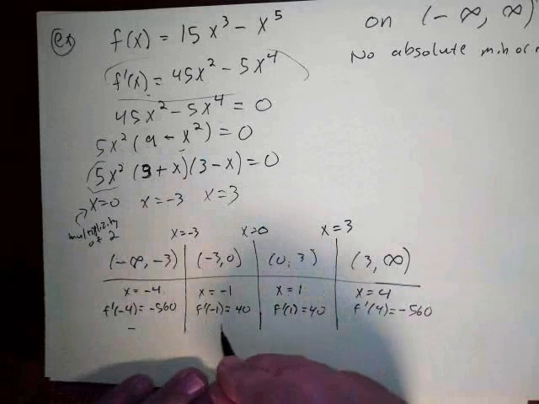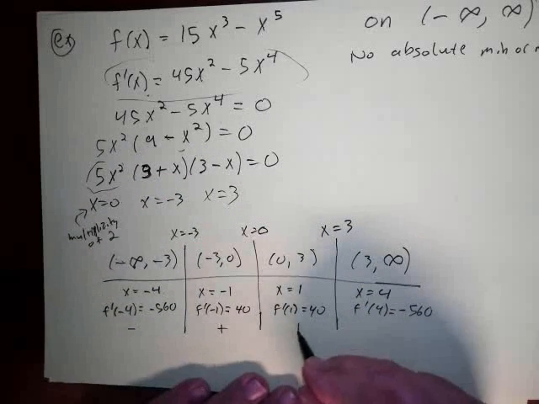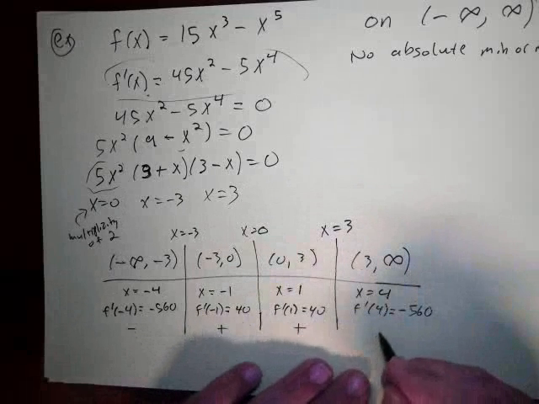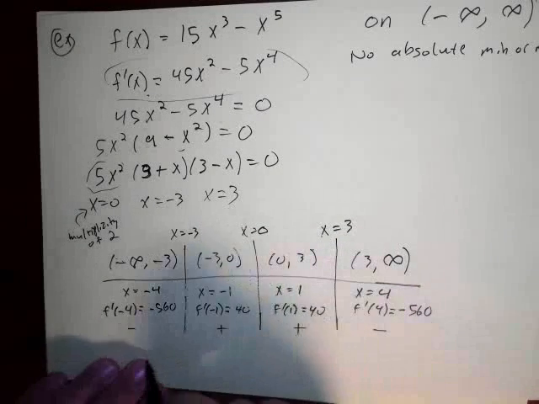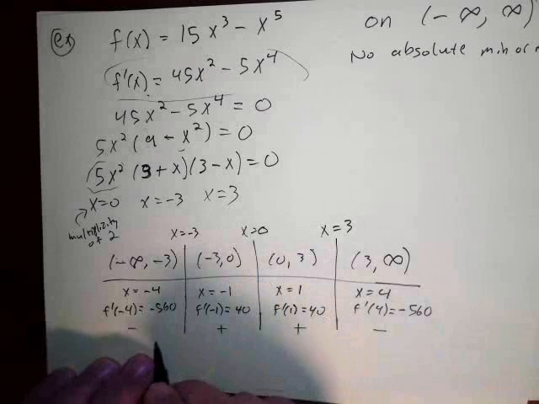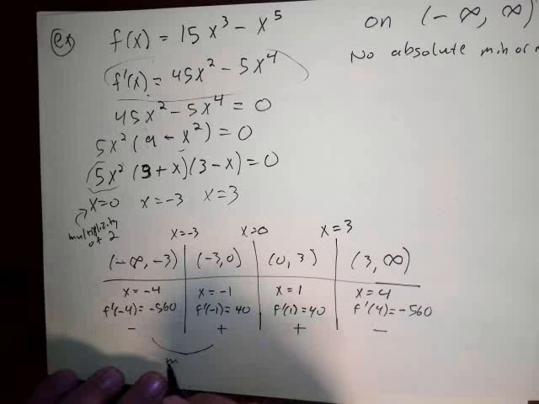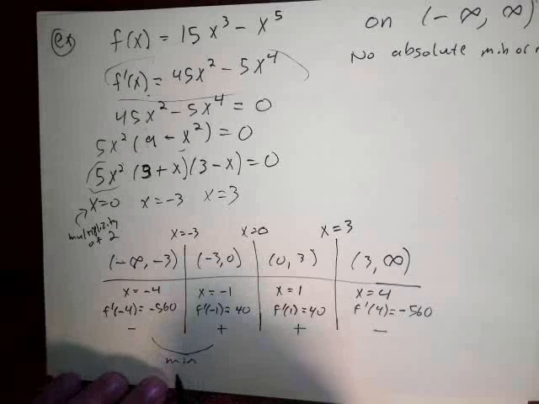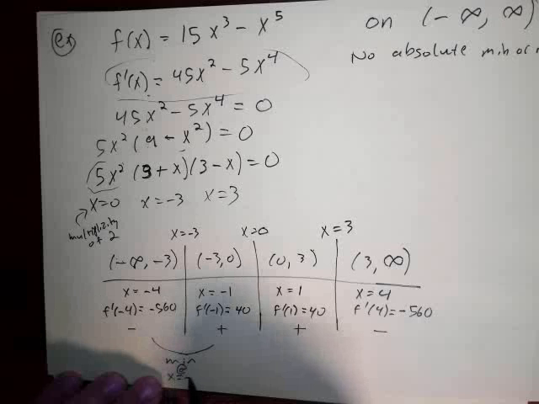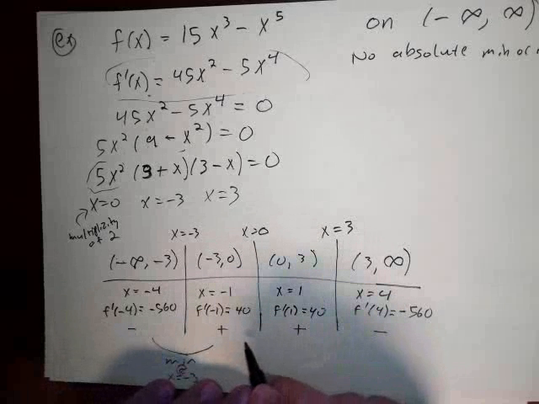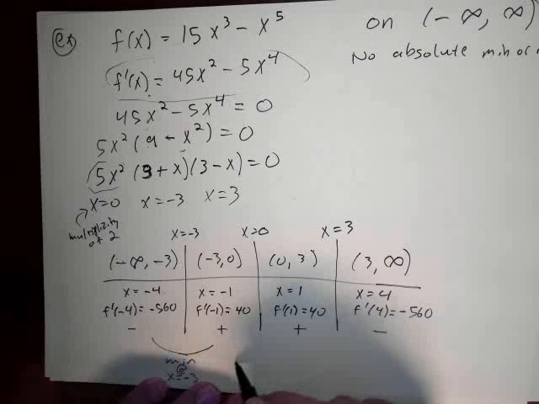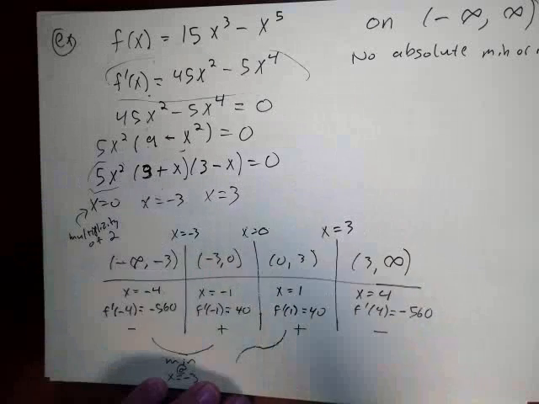So in this case, it's negative, positive, positive, so it's not changing signs there, and then negative. So here, your function is decreasing down to the critical point and then increasing. So you've got a minimum at x equals negative 3. But here, the function is increasing, goes to 0, and then increases again.